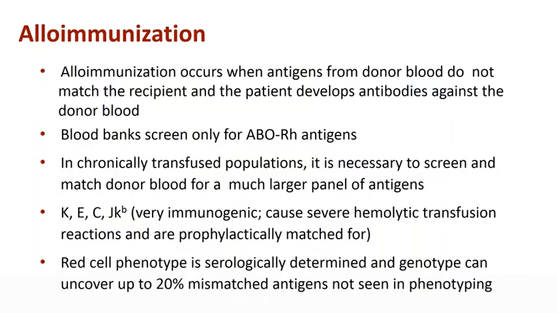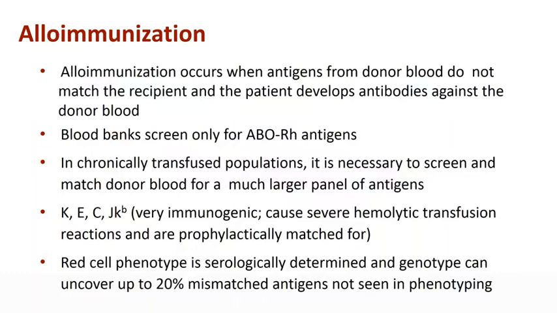Big Kel, Big E, Big C, and JKB are extremely immunogenic, and they cause severe hemolytic transfusion reactions. Preventing these reactions by prophylactic matching these patients with the donor can prevent these problems.